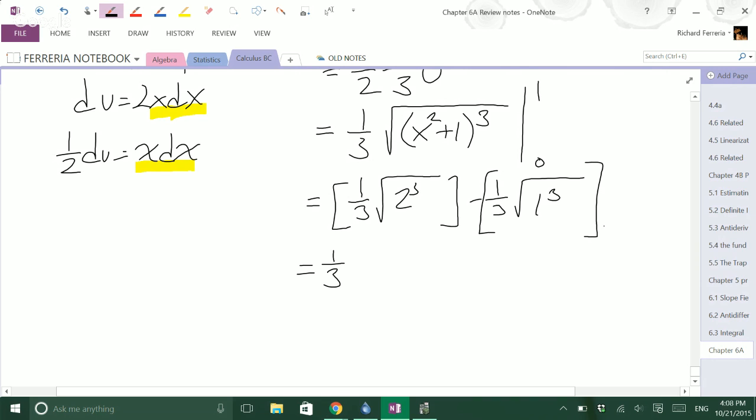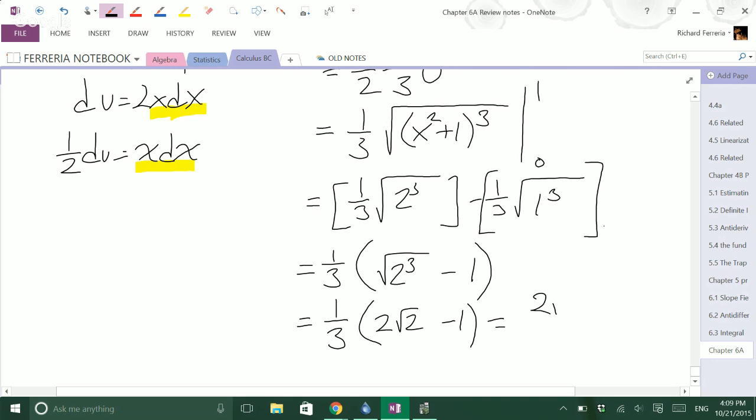Let's factor out a 1/3. We'll get the square root of 2 cubed minus 1. Or I don't know if you'd prefer to see it this way. That's 1/3 of 2 root 2 minus 1. Alternatively, you could also do 2 root 2 minus 1 over 3. That's an answer too. All perfectly good.